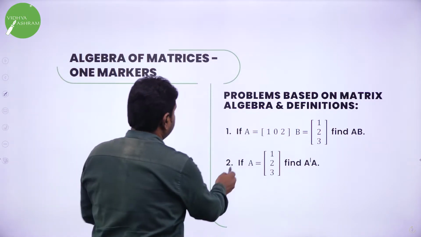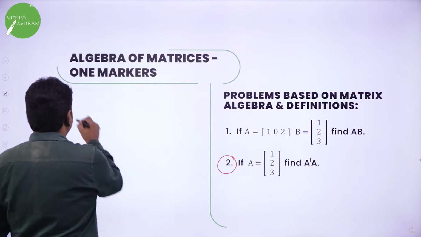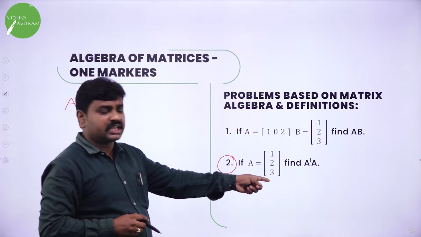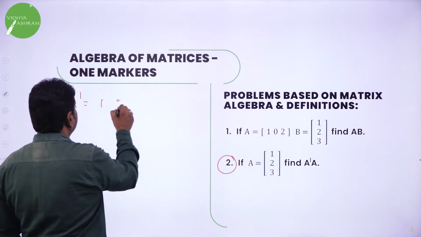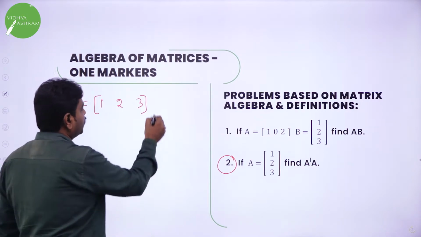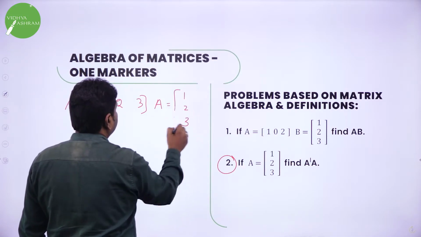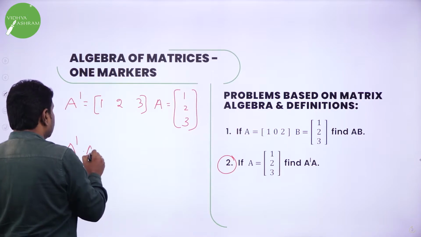In the second problem, they want A dash into A. First find A dash. What is meant by A dash? Transpose of A. What is A? 1 2 3 in a column. Change it to a row. So A dash is 1 2 3. When you interchange rows and columns, you will get A dash. And A, what is given? A is 1 2 3. Now they want A dash into A. How to multiply?